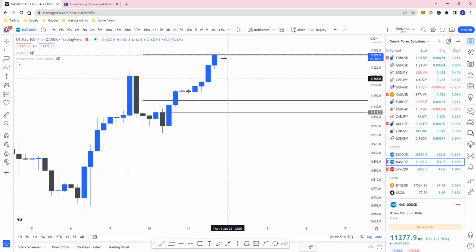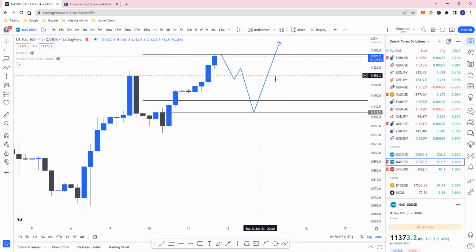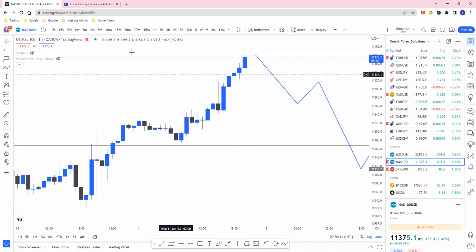So how perfect would it be tomorrow if price takes its way down to target the daily low, comes in for this 4 hour candle, and then eventually pushes higher? Now, this isn't all going to happen necessarily tomorrow, but on a lower time frame we might see some 1 hour structure, and we might see a break.